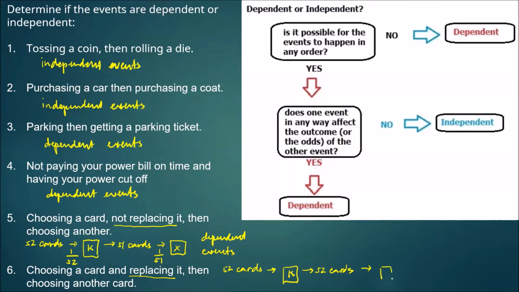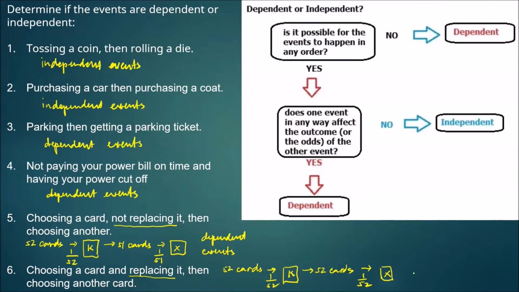So therefore, the probability of choosing the next card will still be 1/52, just like the probability that we have in choosing the first card. So therefore, the outcome of the first event does not affect the outcome of the second event.